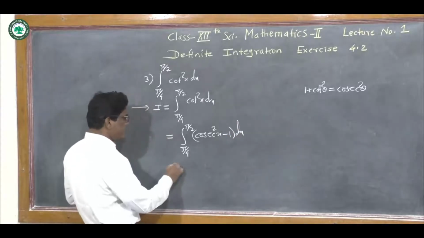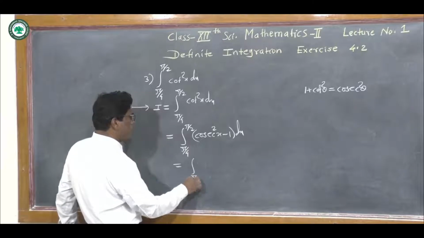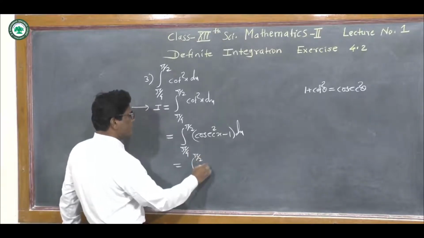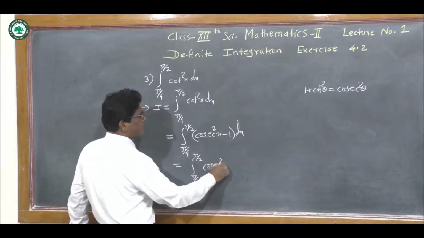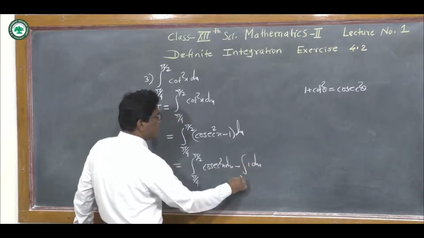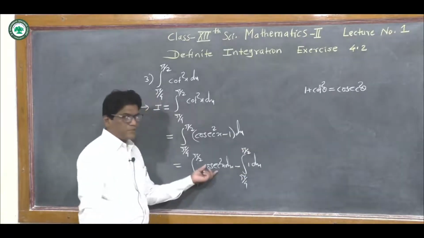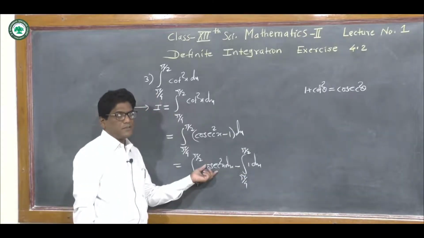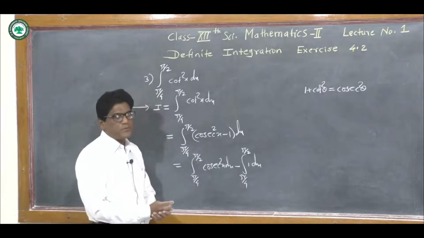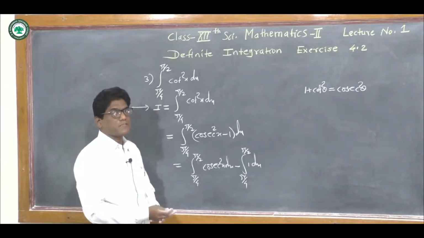Now separate the integration. So this is equal to integration from pi by 4 to pi by 2 cosec square x dx minus integration 1 dx from pi by 4 to pi by 2. Now integration of cosec square. Cosec square is the derivative of cot x. d by dx of cot x is equal to minus cosec square x.